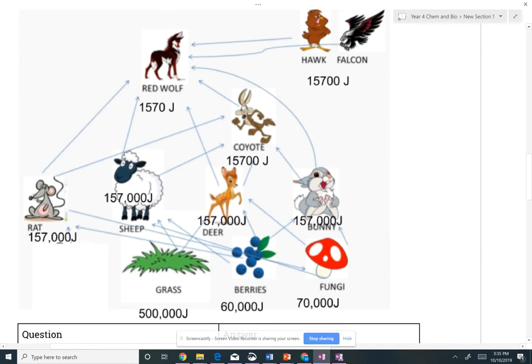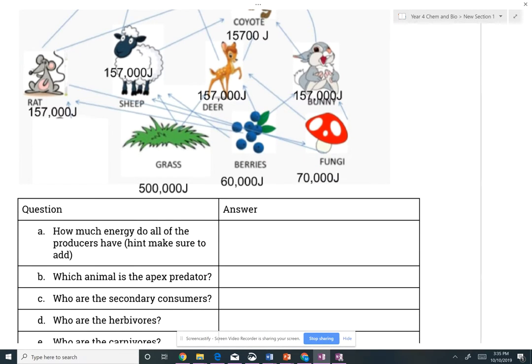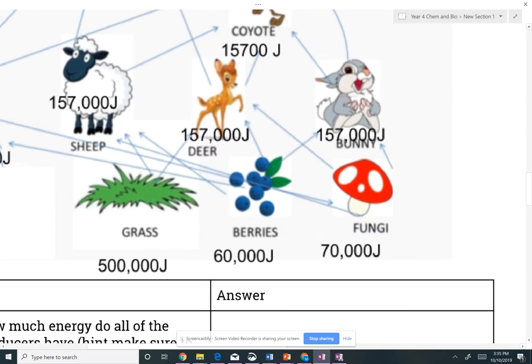The numbers are how much energy each of those things have. Then we look at all of the arrows that we have going on here, and there's just a bunch of arrows. The thing that I want you guys to know about these arrows and to notice is that the fungi has an arrow pointing to the deer, right?